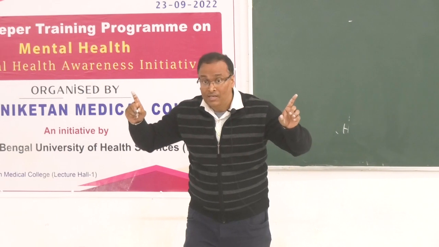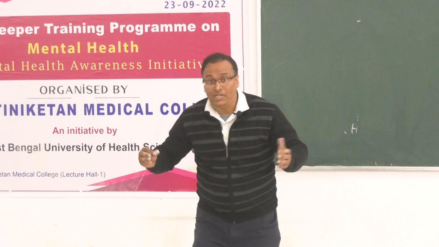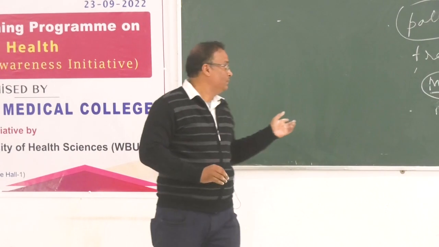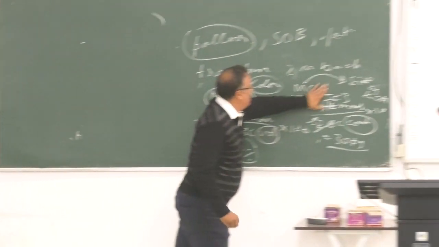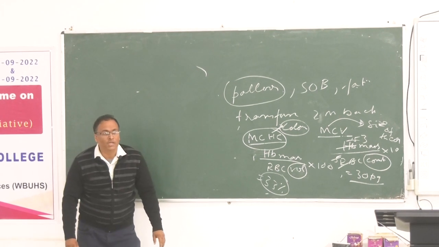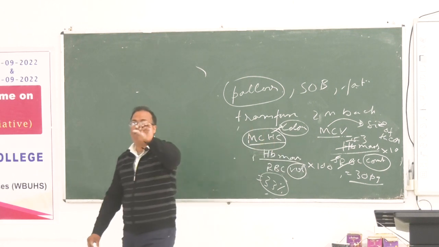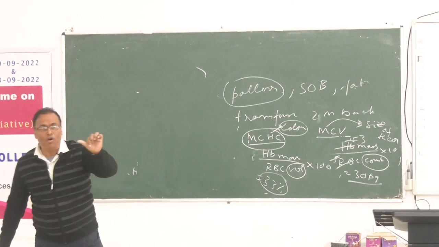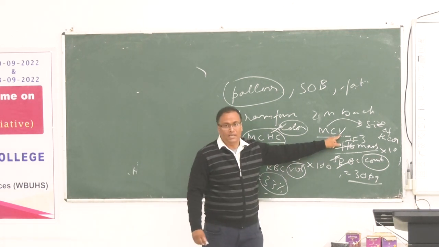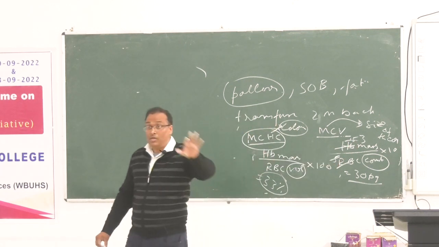MCV and MCH have no such clinical importance, as I said a little while ago. MCV, sorry for that. MCV means volume of one RBC. Volume of one RBC. Mean corpuscular volume is for the size, not MCH.